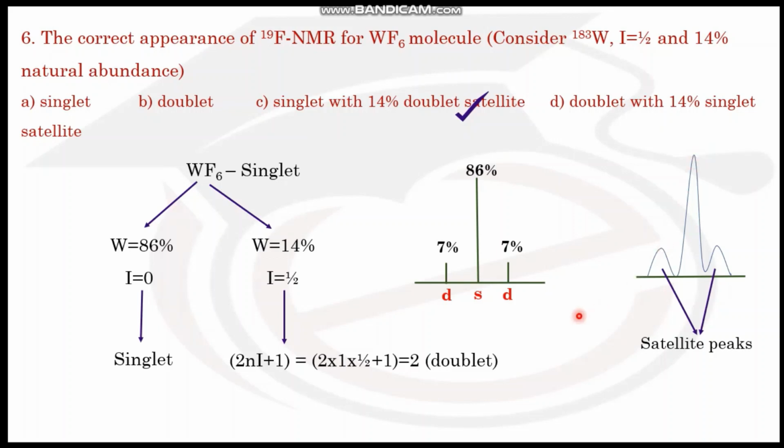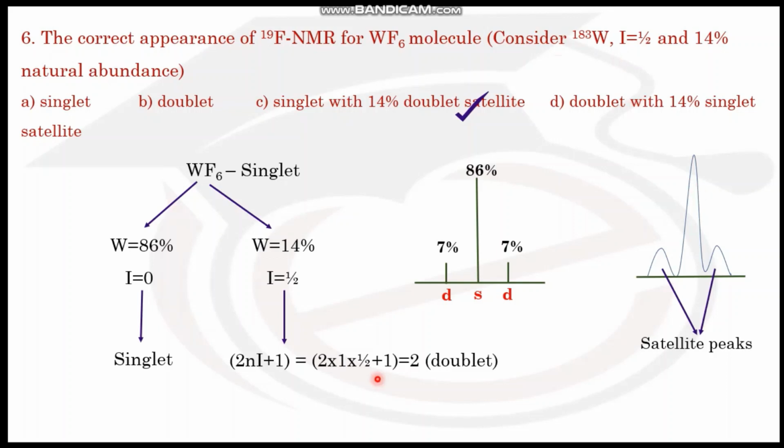Okay, and this is about F19 and P31 NMR and satellite peaks. These kinds of satellite peak questions come when the abundance is mentioned. In the question, it is given that some percentage of natural abundance has this particular value. The rest we have to consider as inactive nuclei, and those will give a singlet, and the others, according to that value, give a doublet, triplet, or whatever it will be, and we have to write that.